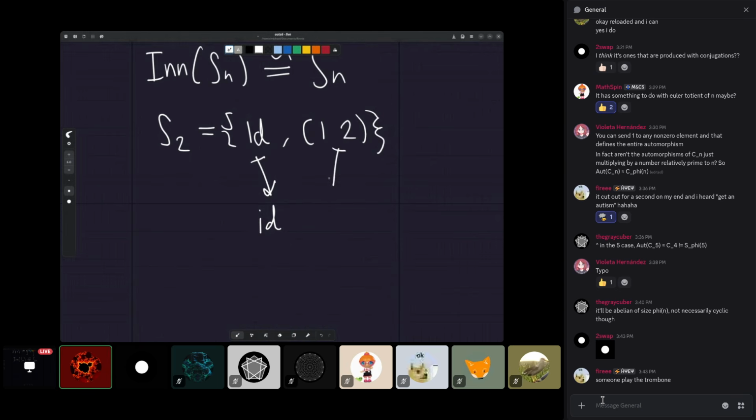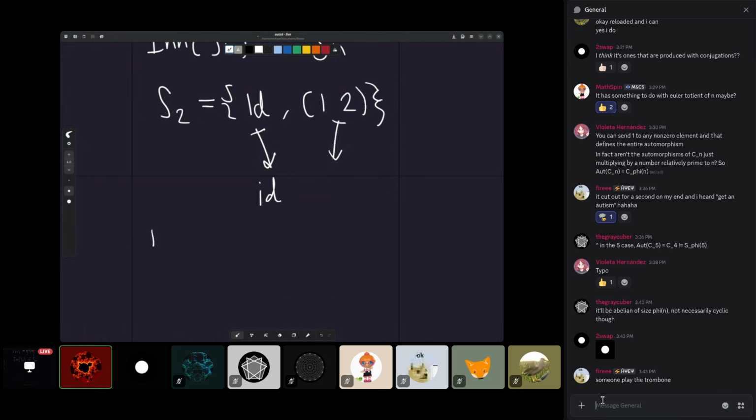This one, what happens? If you conjugate the identity by this thing, let's do it. You give an input, it swaps 1 and 2, does nothing, and swaps 1 and 2 again. So that's equal to the identity.